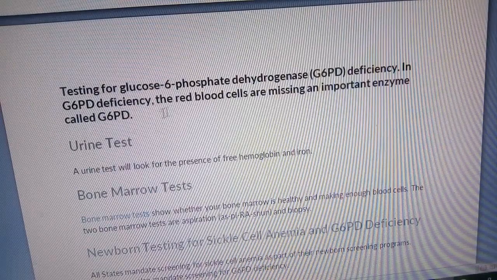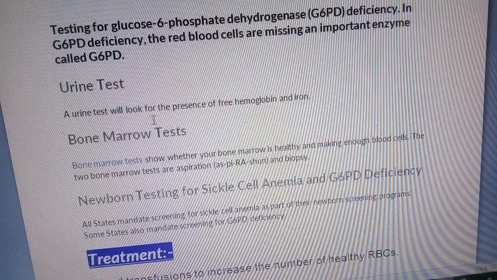Testing for glucose-6-phosphate dehydrogenase, G6PD deficiency. In G6PD deficiency, the red blood cells are missing an important enzyme called G6PD. Urine test. A urine test will look for the presence of free hemoglobin and iron.